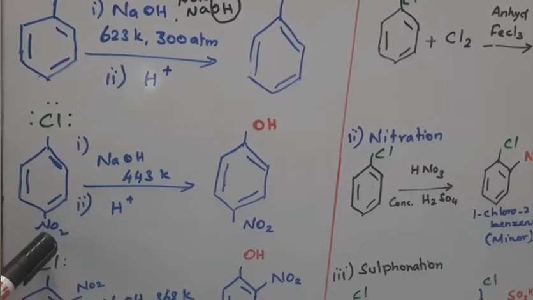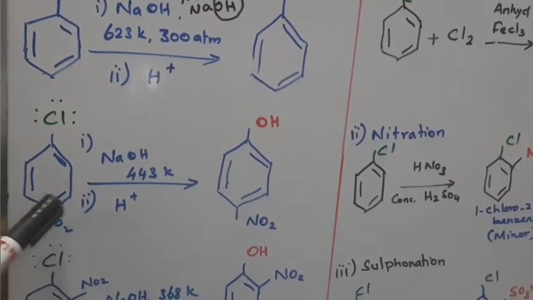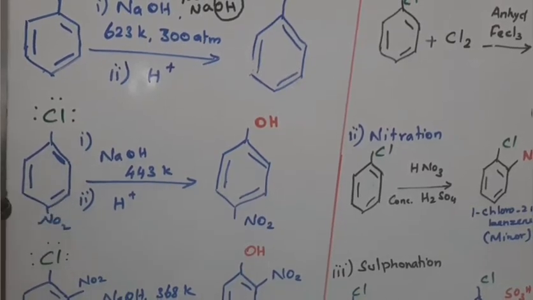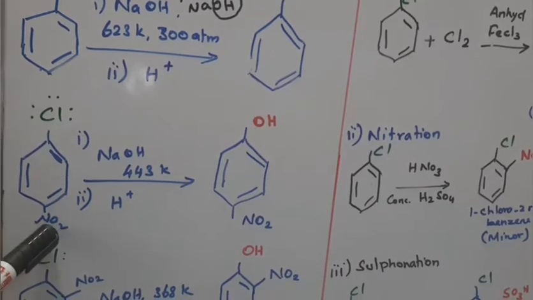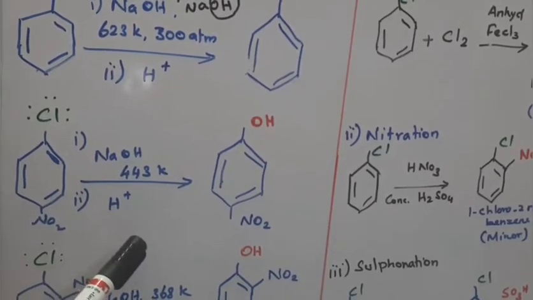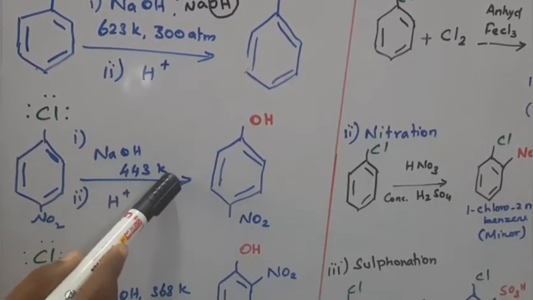The presence of an electron withdrawing group on the haloarene increases the reactivity of the haloarene. This is one more question, keep it in your mind. Electron withdrawing groups decrease the acidic character and increase the basic character. Here you see sodium hydroxide at 443 Kelvin.